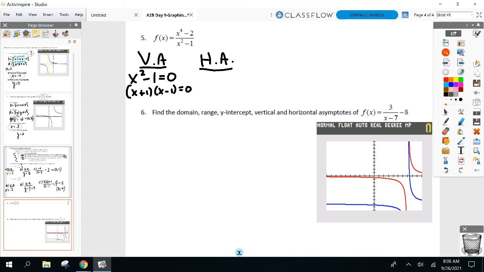I'm looking for where am I going to get a vertical asymptote? I'm going to get one at x equals negative 1, and I'm going to get one at x equals positive 1. These aren't solutions, right? These aren't equations I'm solving, Jeremy. This is just where I'm going to get a vertical asymptote on my graph at negative 1 and 1. So I'm not going to reject anything.